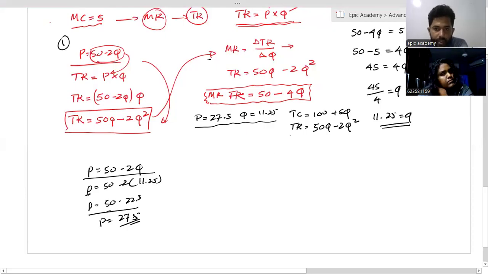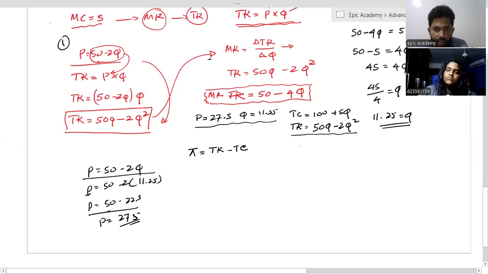Now this is the time when we can calculate the profit. How can we calculate it? Profit equals TR minus TC, total revenue minus total cost. So take the value for the TR first.